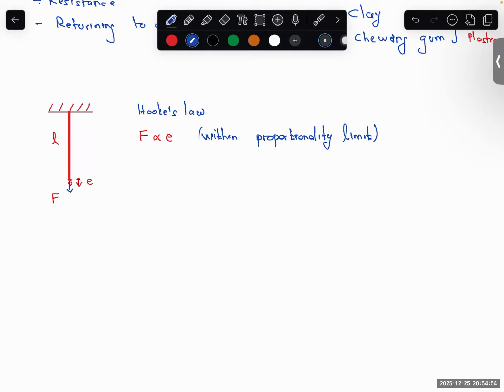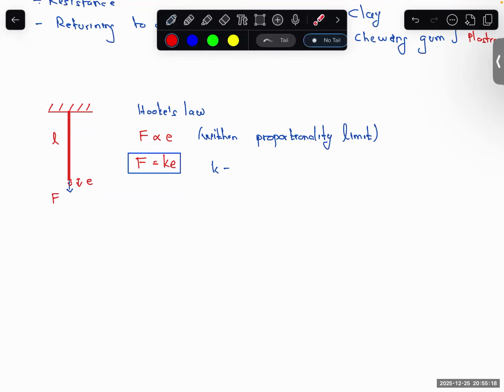Then you make it into an equation. F is equal to Ke. K is a constant. You call it a force constant, or for springs, you call it a spring constant. This is a constant, but it depends on some of the things.